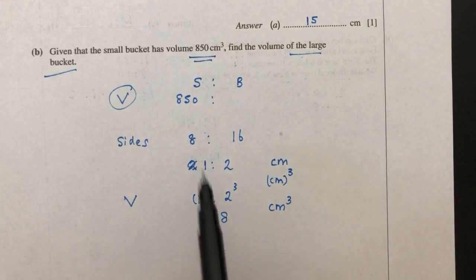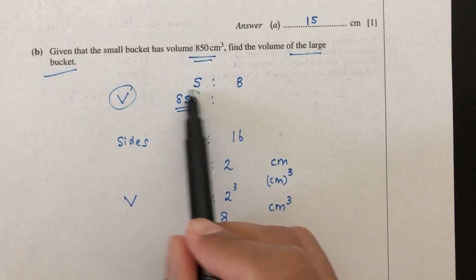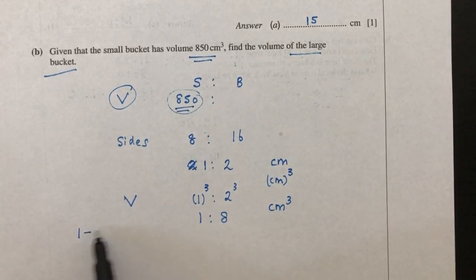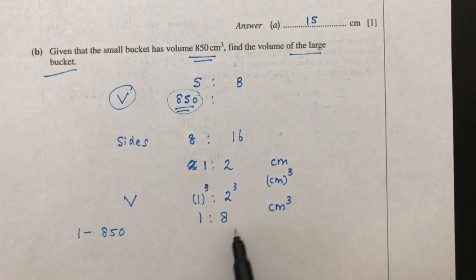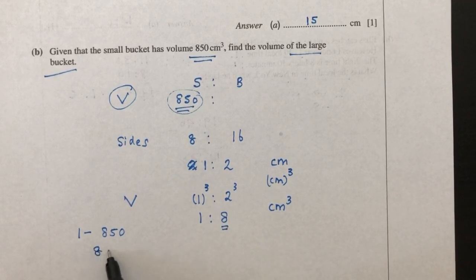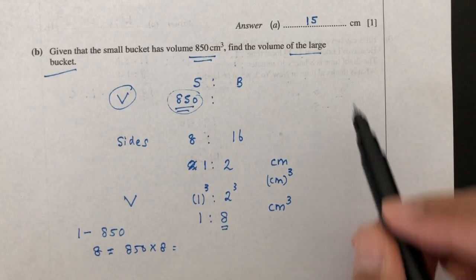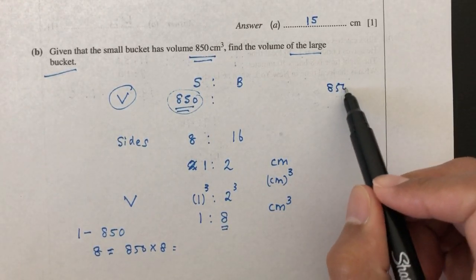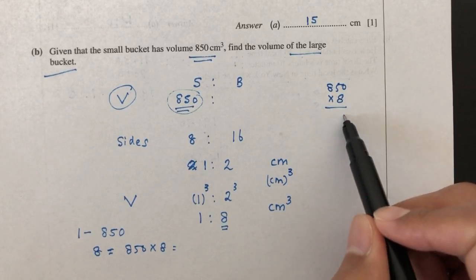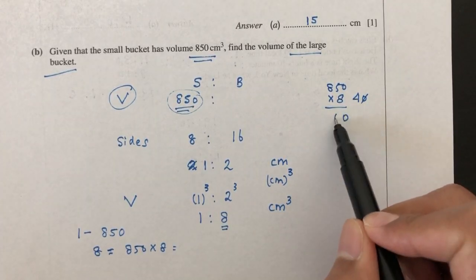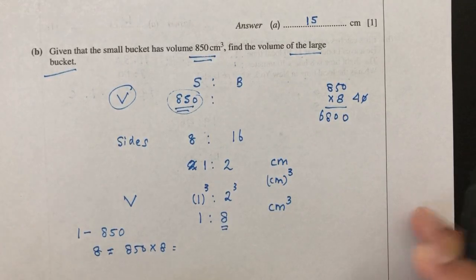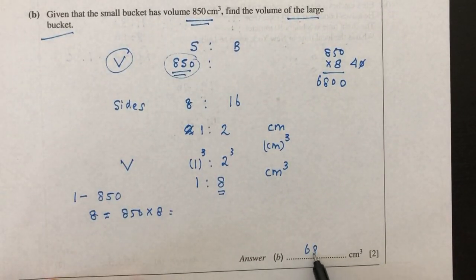So now the volume of the small one is 850, which represents 1. So 1 represents 850. We have to find the value of 8. 8 will be 850 times 8, which will be, let's do this here, 850 times 8, so 0, that will be 40, 68. So your answer will be 6800.